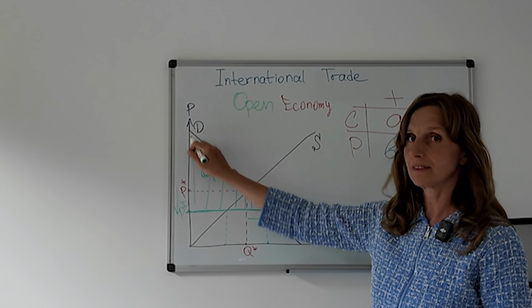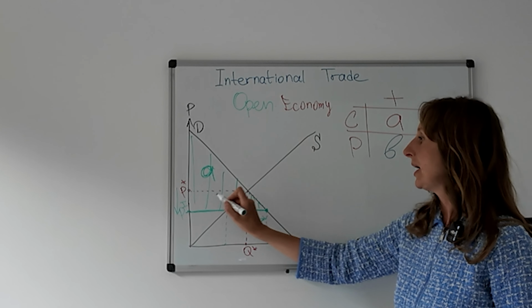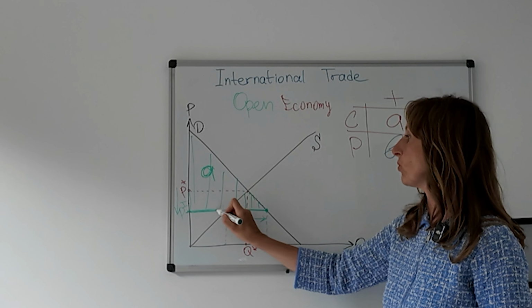This small triangle was the surplus in the national economy. And we now have some more figures.